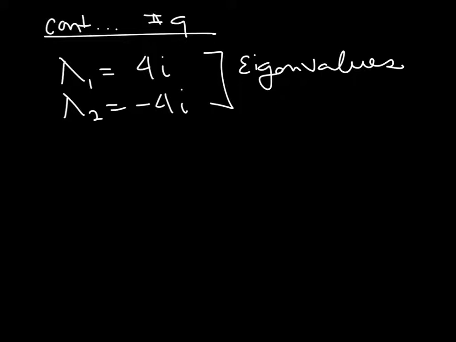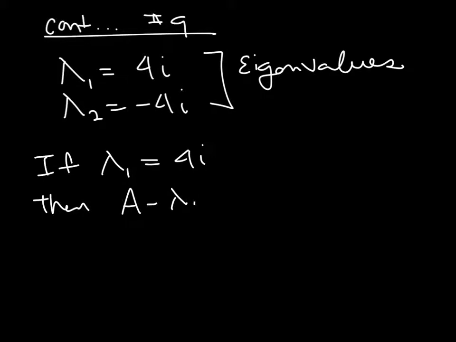Let's go ahead and find our eigenvectors. So let's just start with lambda 1. If lambda 1 is 4i, then what's our associated eigenvector? Well, we're going to use the relationship A minus lambda I times our vector v.